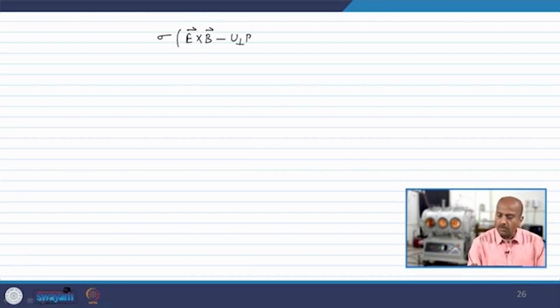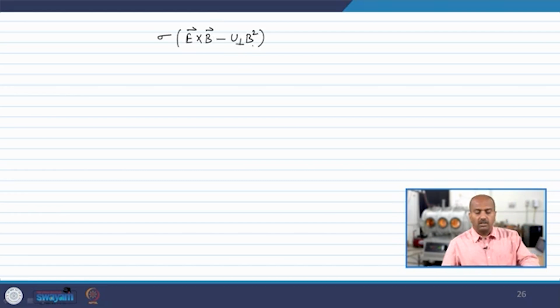Expanding this triple vector product, all of you know the formula for that. So, sigma times E cross B, the first term remains as it is, minus U perpendicular B square. This term will survive only if you take U to be U perpendicular.